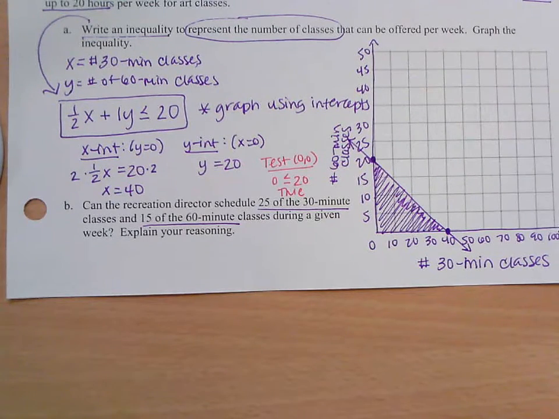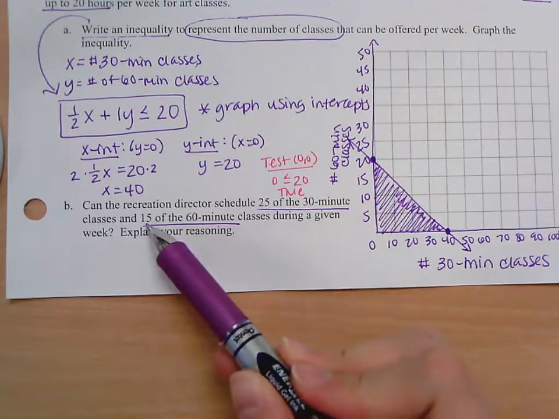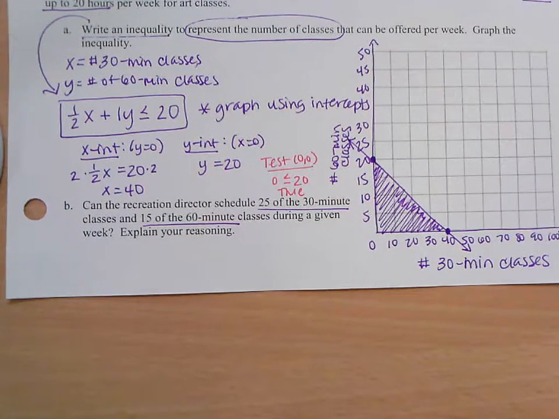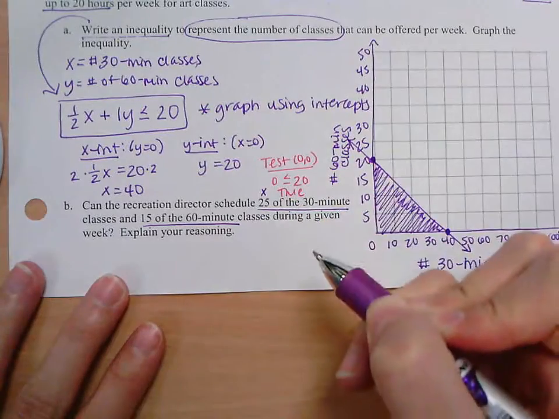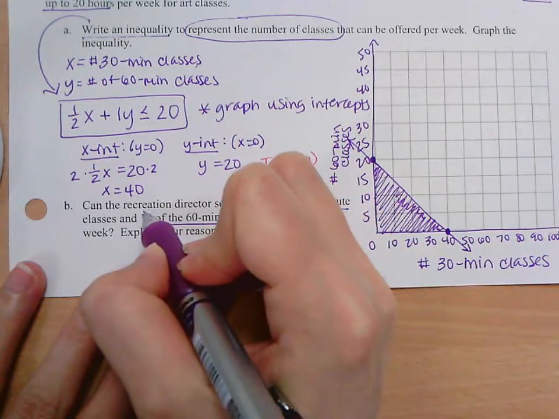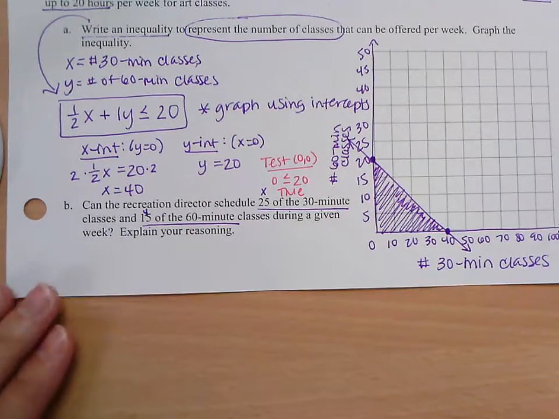Braxton? Okay, so that would mean, yeah, x is 25 and y is 15.